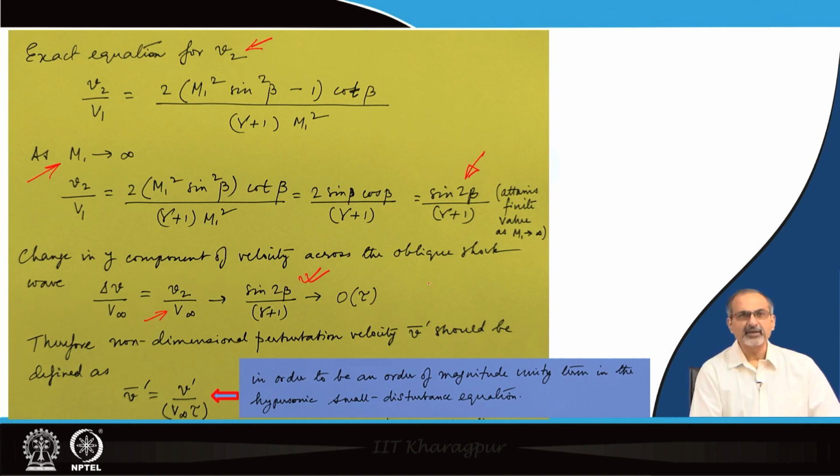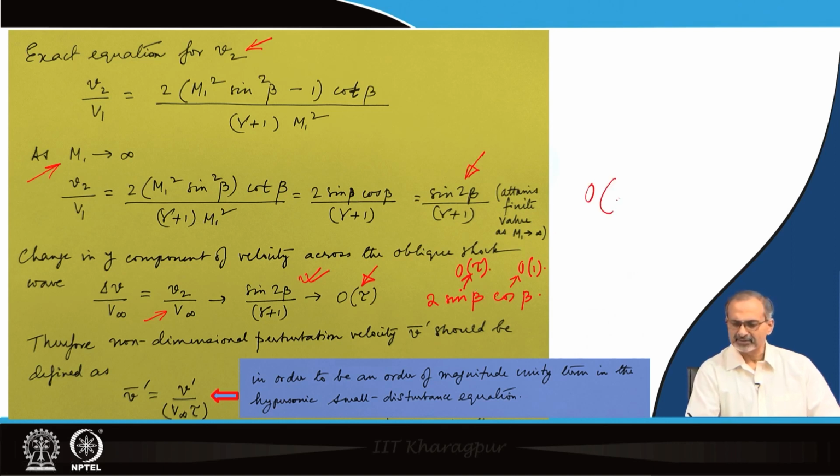Now, sin 2 beta is of course 2 sin beta cos beta, and beta being small, this is an order 1 quantity, this is an order tau quantity, and 2 by gamma plus 1 would produce an order 1 quantity. Therefore, finally, the expression would end up producing an order tau quantity, tau being a small quantity.